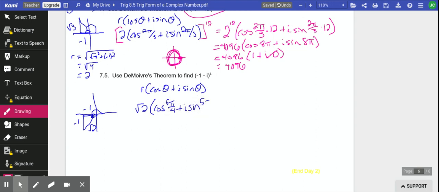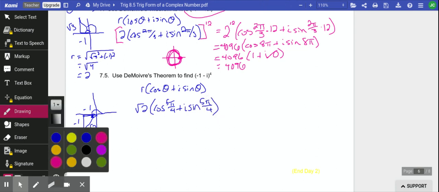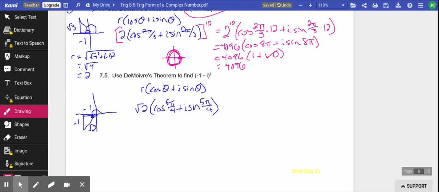All right, now that is the number that we want to raise to the fourth power. So let's do that. We're going to take r to the fourth power, so root 2 to the fourth, and then cosine of 5 pi over 4 times 4, plus i sine 5 pi over 4 times 4.